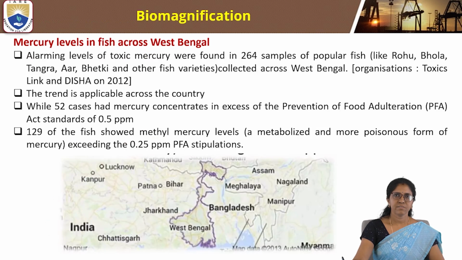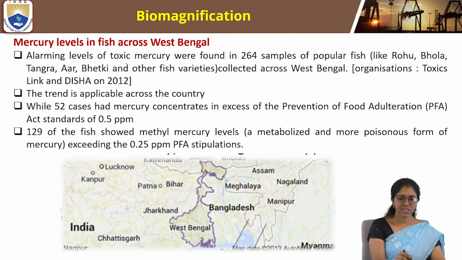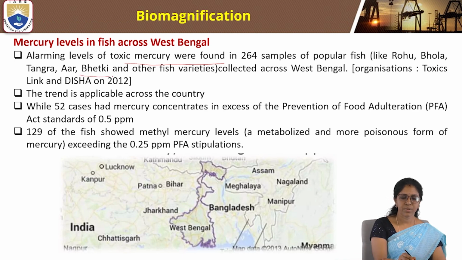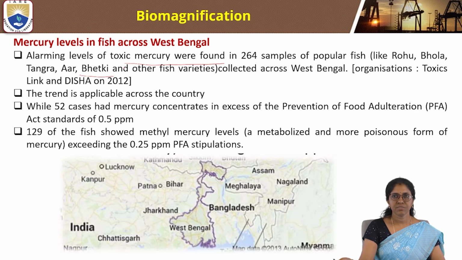Mercury levels in fish across West Bengal: alarming levels of toxic mercury were found in 264 samples of popular fish like rohu, bhola, tangra, betki and other fish varieties collected across West Bengal. The trend is applicable across the country.